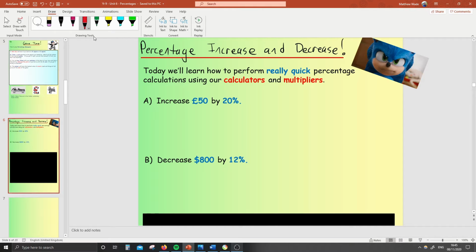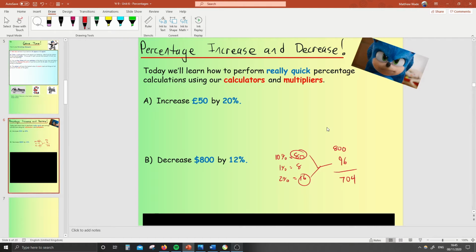Yeah, because 10% would be equal to 80, which means that 1% would be equal to 8, which means 2% would be equal to 16, and we're going to change this amount by 12%, which is these two together, so we're going to change it by 96, which means it's 800 plus 96, which is going to be 896. So that was a bit more of a faff, but anyway, that's where we're at.